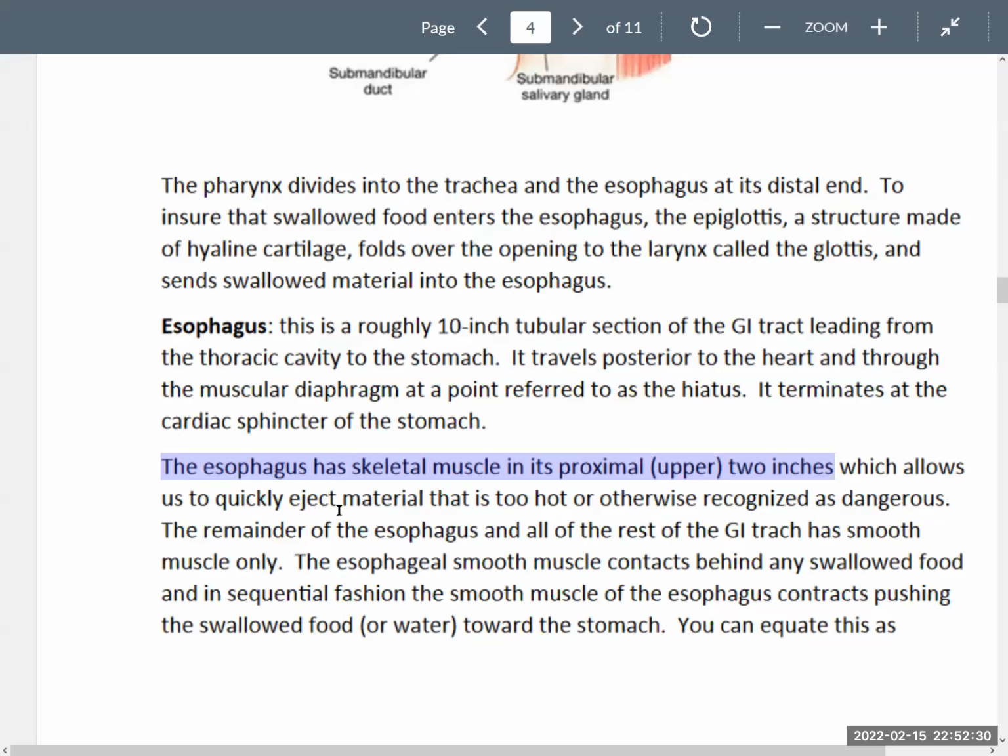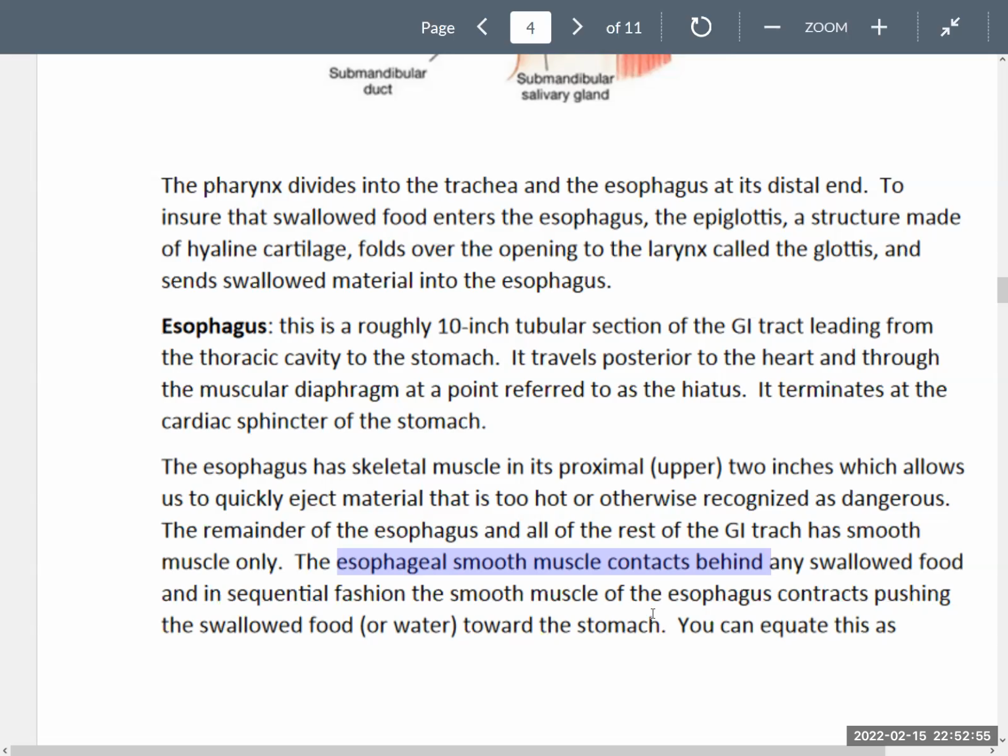The rest of the esophagus, the other 8 to 10 inches, is smooth muscle, and that's the esophageal smooth muscle. It contracts behind anything that's swallowed, pushing it forward. And then the next set of smooth muscles contract, and the next, and the next, and the next. Keep pushing something forward. This is like a tube of toothpaste.